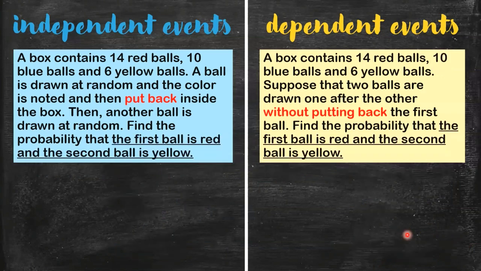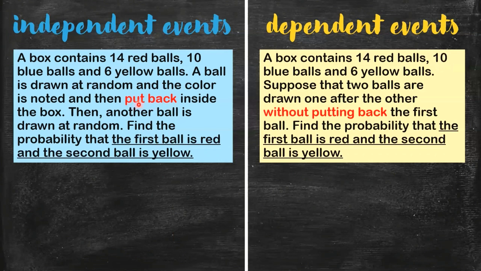Try naman natin ito. Okay, same pa rin naman. You have a box, okay, that contains 14 red balls, 10 blue balls, and 6 yellow balls. Okay, but this time, we find the probability that the first ball is red and the second ball is yellow. So why these two events are independent?